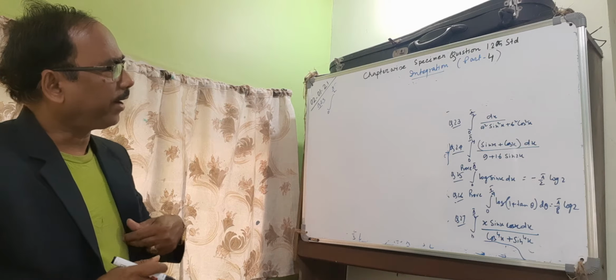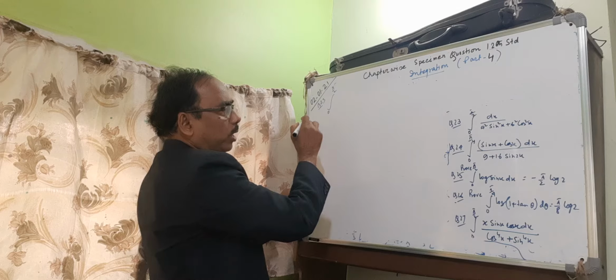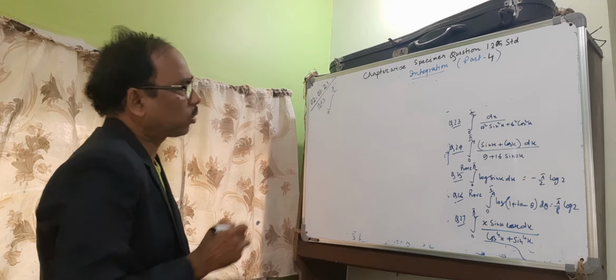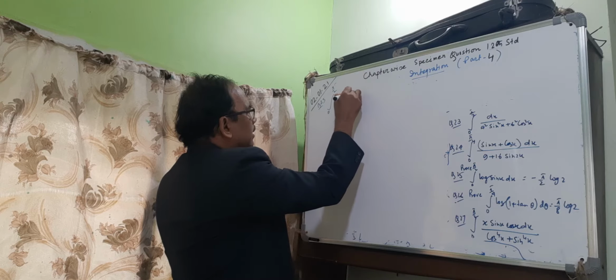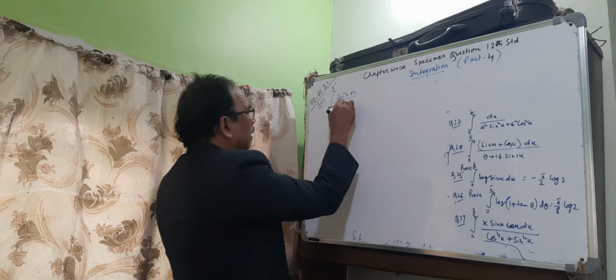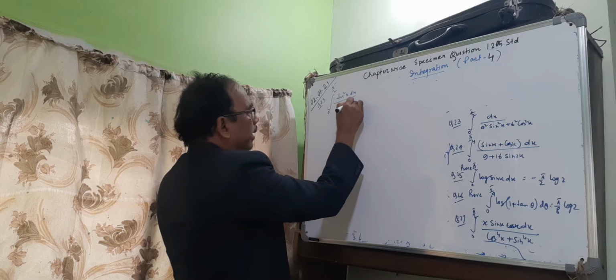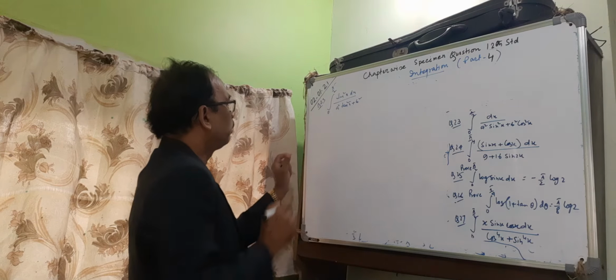We can divide by cos square x, the b square by cos square x, or cos square x. So this will be sec square x dx over a square tan square x plus b square. If we divide by cos square x, this will be there.